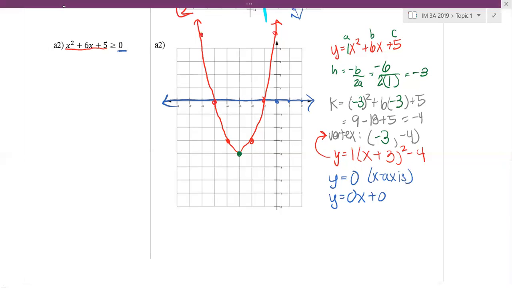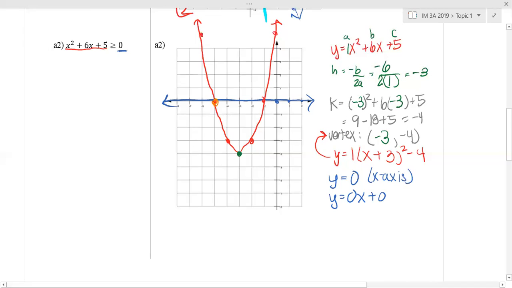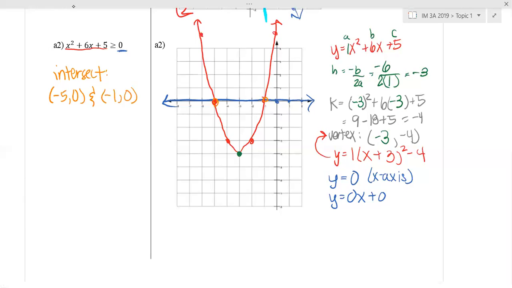So my points of intersection are these 2 points here. So it's at, I'm going to write this over here. So my graphs intersect at negative 5, 0, and at negative 1, 0.